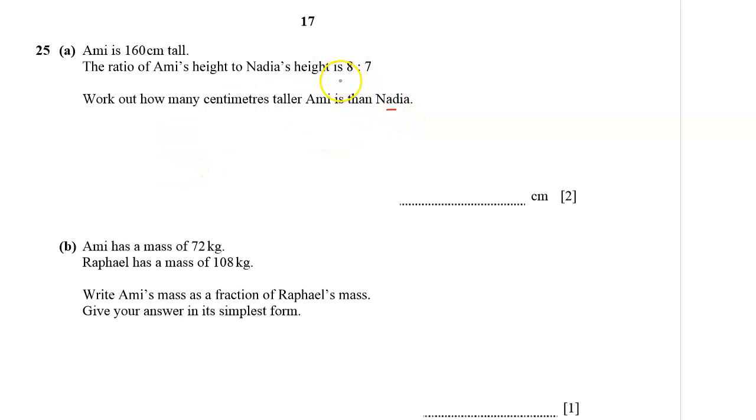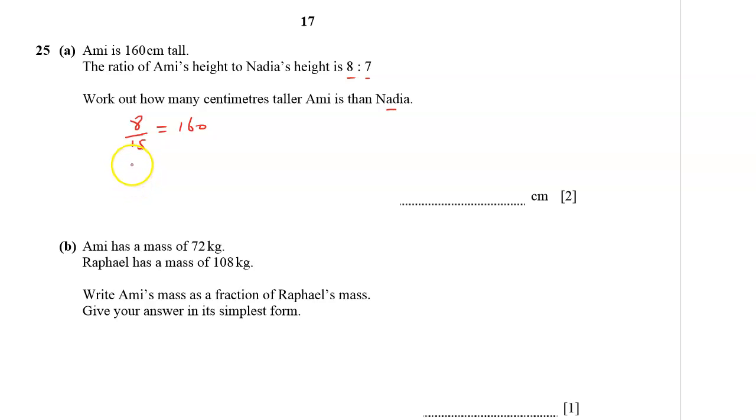So of course the sum of their two ratios, 8 plus 7, gives us 15. So 8 over 15 is equal to 160.